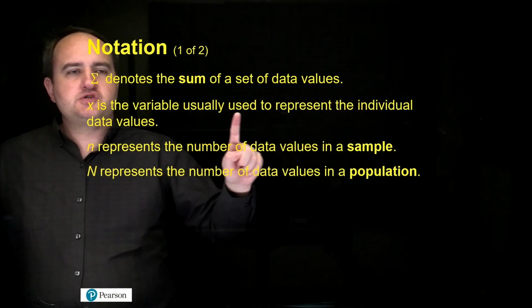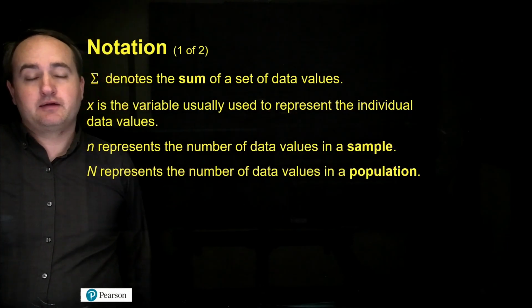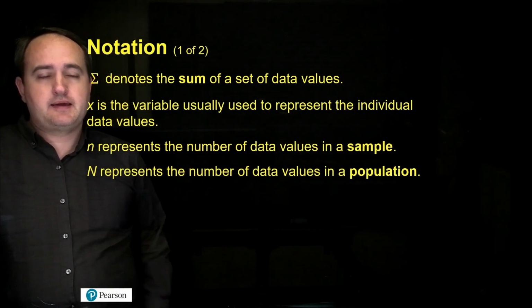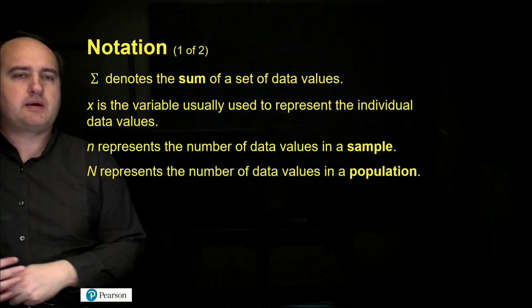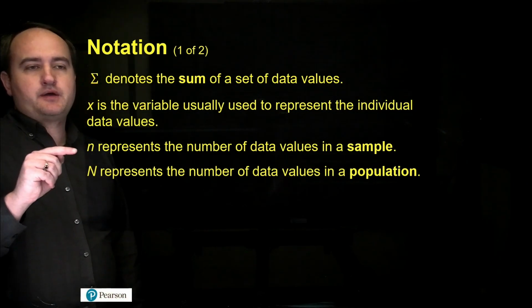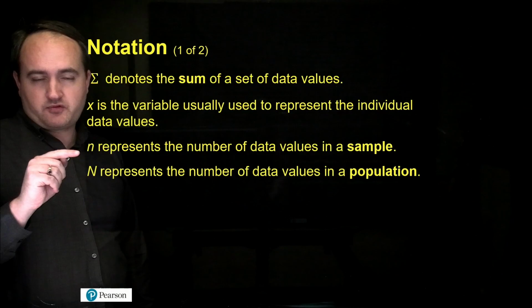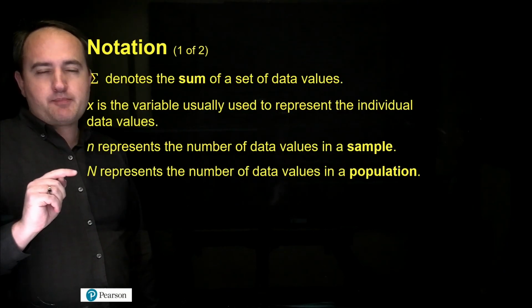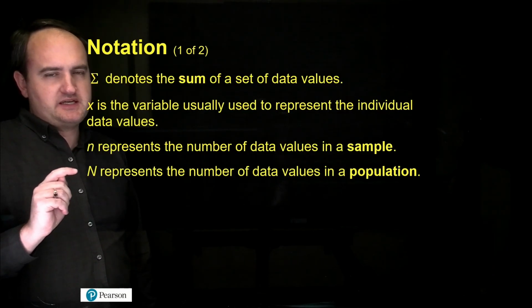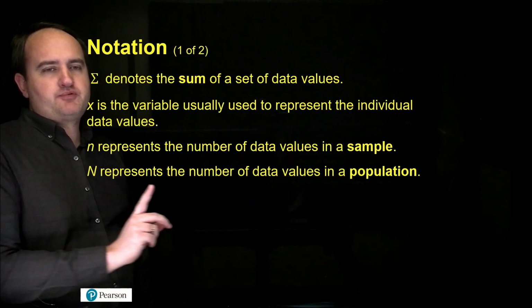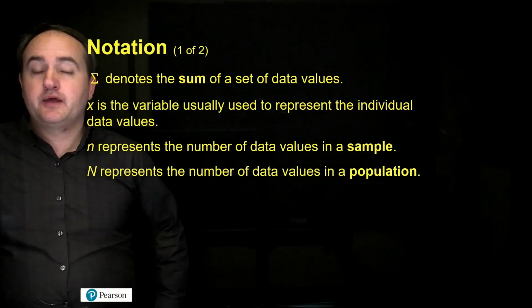X is the variable usually used to represent the individual data values. N represents the number of data values in a sample. That's lowercase n. Uppercase N, which we don't see as much, represents the number of data values in a population.